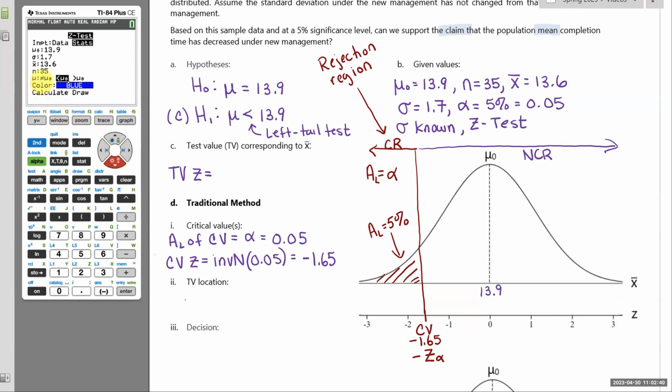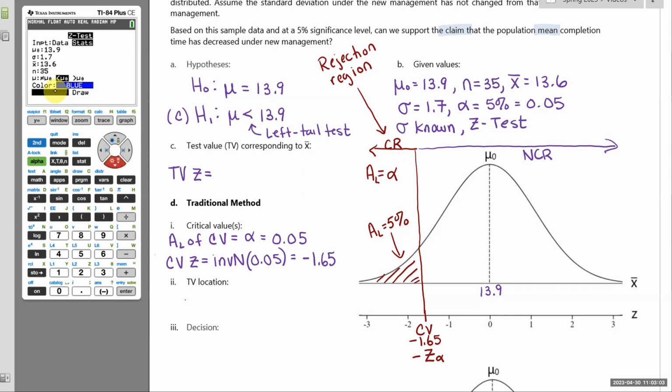And then my direction of my test. So the claim here, so mu, and then we want that to be less than 13.9, which is our value for our mu naught. So we want the second choice, mu less than the mu naught value.